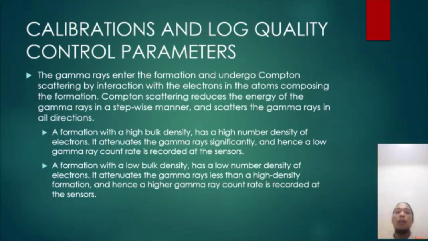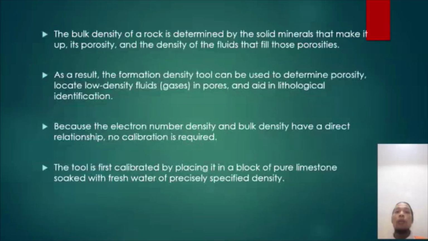It attenuates the gamma ray less than the high-density formation, and hence a higher gamma ray count rate is recorded at the sensor. So the bulk density of the rock is determined by the solid minerals that make it up, its porosity, and the density of the fluid that fills those pores. As a result, the formation density tool can be used to determine the porosity, locate low-density fluid or gas in the pores, and aid lithological identification.